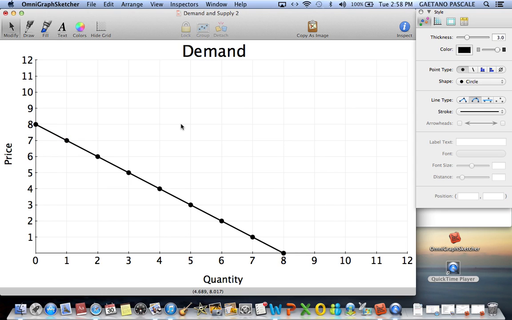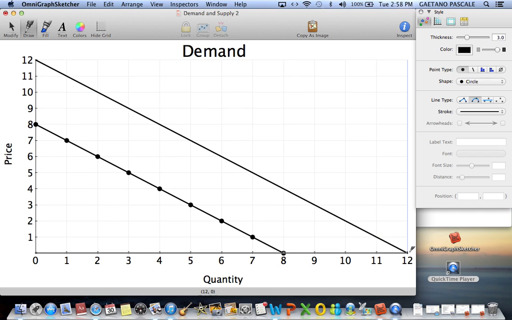A change in demand, on the other hand, is when the demand curve shifts its location. We end up with a brand new demand curve. So let me draw in another demand curve and show that to you. So let me draw a demand curve that goes from here to there.